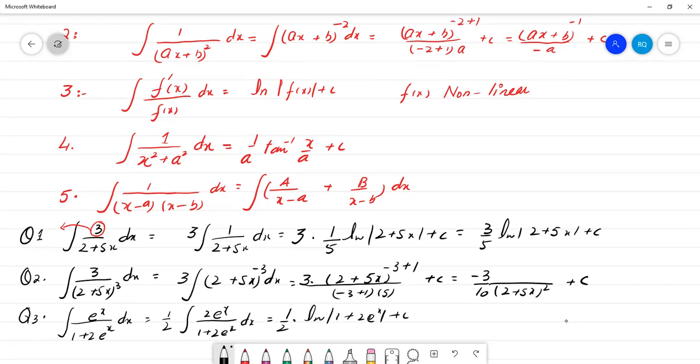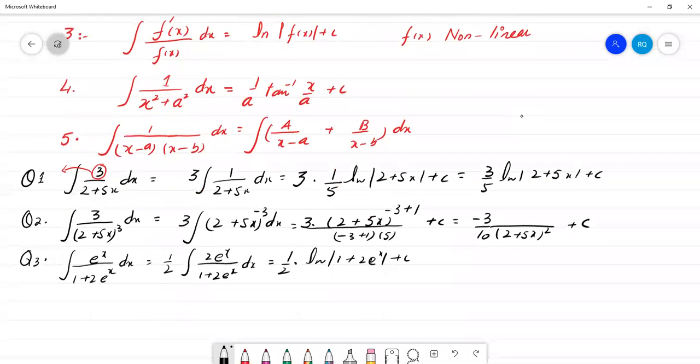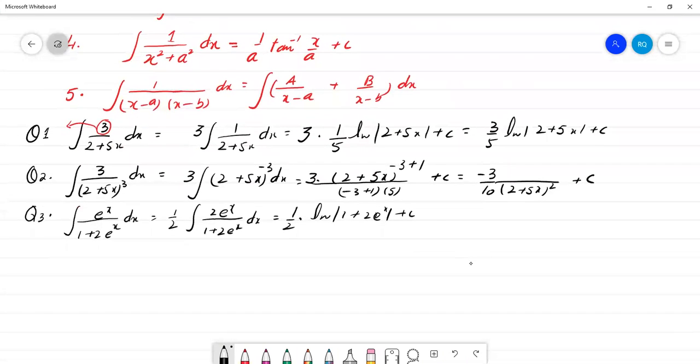Now, what's the next one? The next is rule number 4. Rule number 4 is just like this one. So question number 4 is integral of 3 over 4 plus x squared dx. First of all, 3 is taken as common, right before the sign of integration.